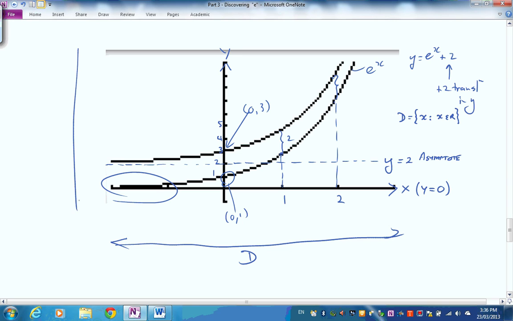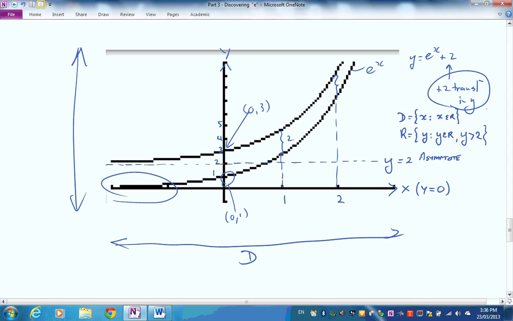Let's have a look at the range, which is looking at the possible y values. The range has changed. It's now the set of y such that y is a member of R, but now y is greater than 2, because of that plus 2 being a positive 2 translation in the y direction.